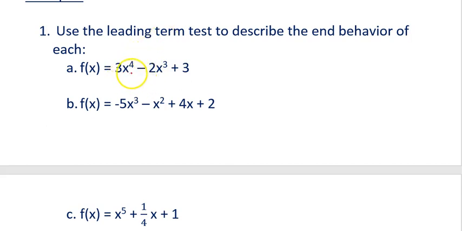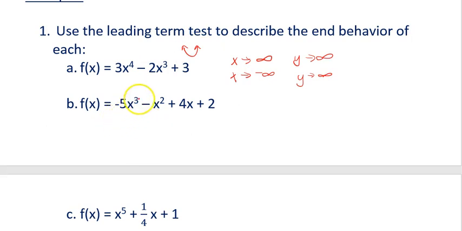So based on the fact that a has a power of 4, it's even, and the 3 is positive, it is some sort of face-up U. So my answer would be what I answered for the face-up U, as x goes to infinity, y goes to infinity, and as x goes to negative infinity, y goes to infinity, because they're both going up.